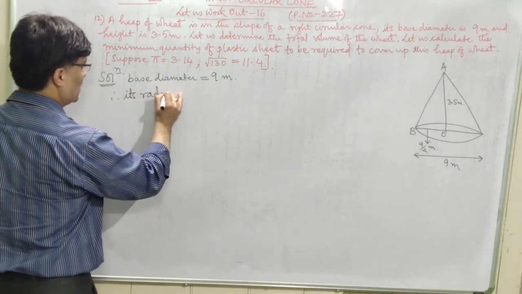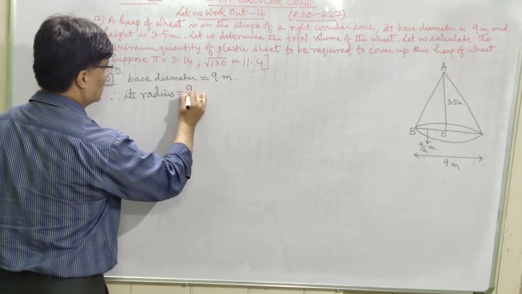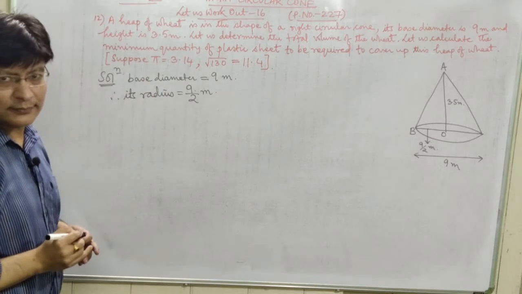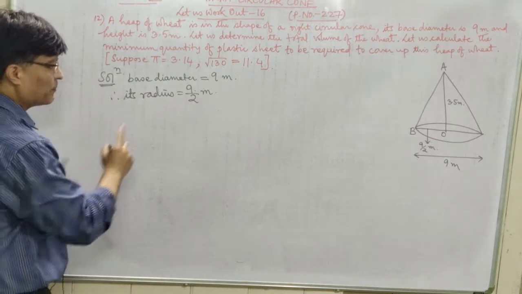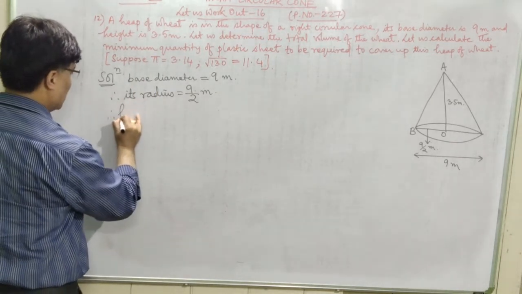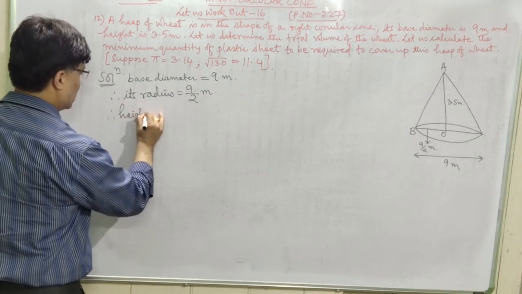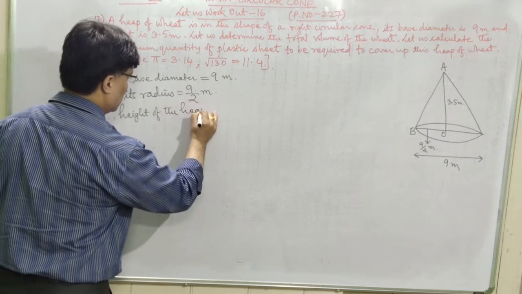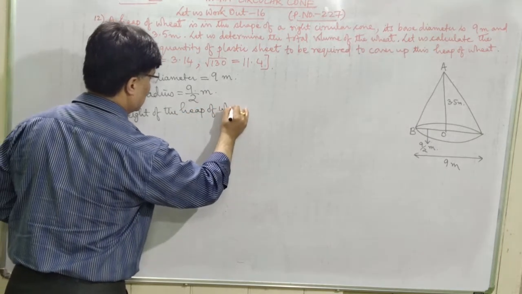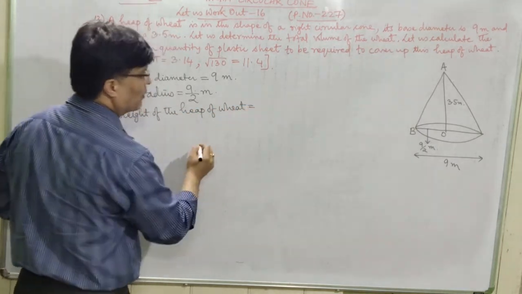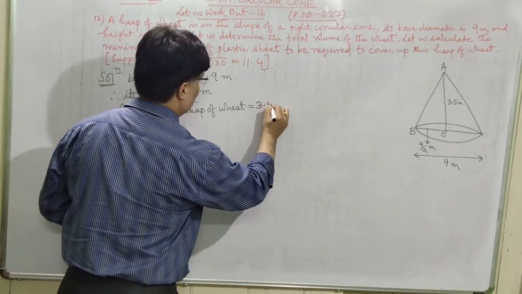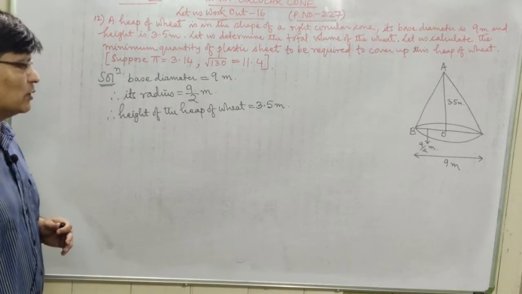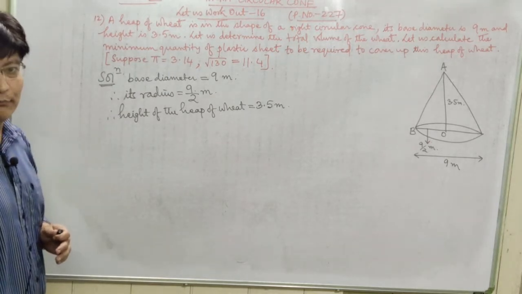Its radius is equal to 9 by 2 meter. Understood? Next, what is the height? Height of the heap of wheat is equal to 3.5 meter.